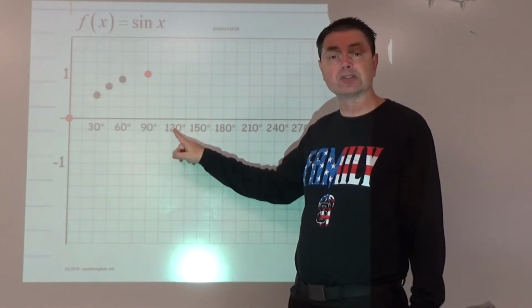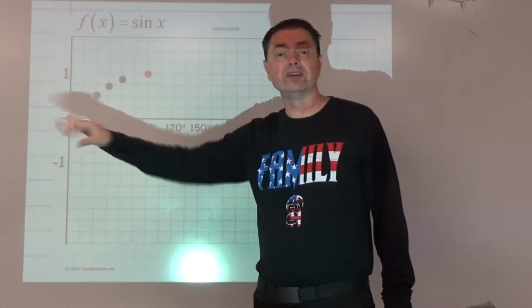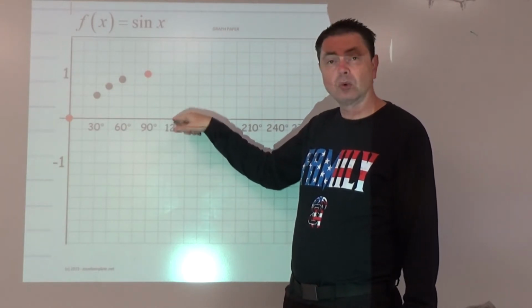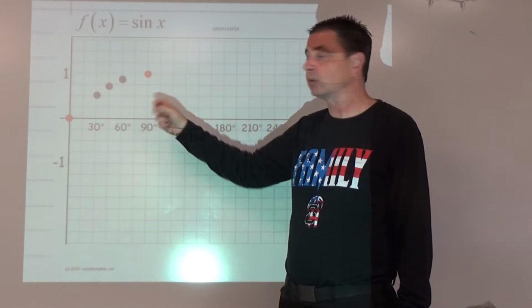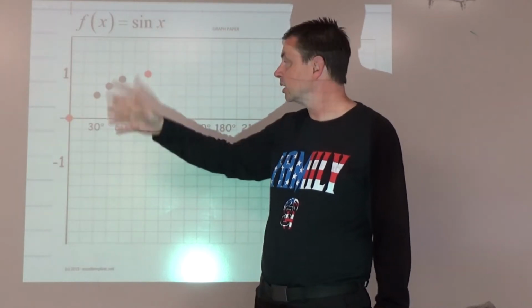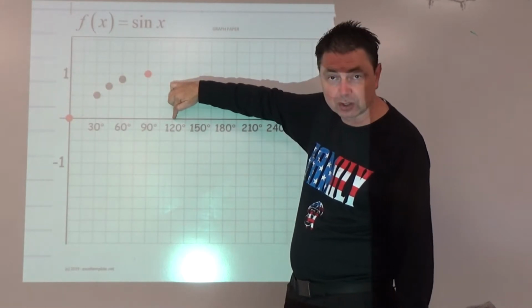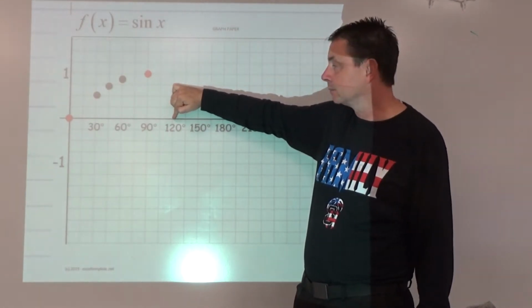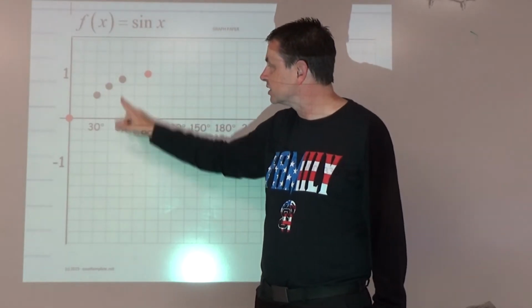The next key angle is 120 degrees as we move into quadrant number 2. Well, the y-coordinates in quadrant 2 are the same as they would have been in quadrant number 1 because we're still going up, so they're still going to be positive. So when we get to 120 degrees, which is 60 degrees away from 180, it's going to have the same value as 60 degrees here.